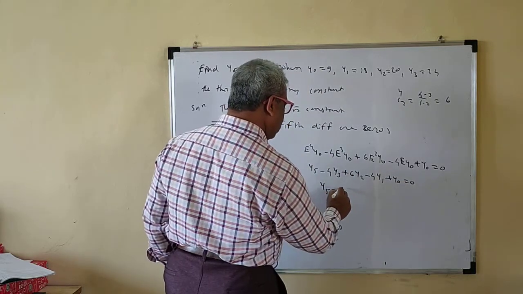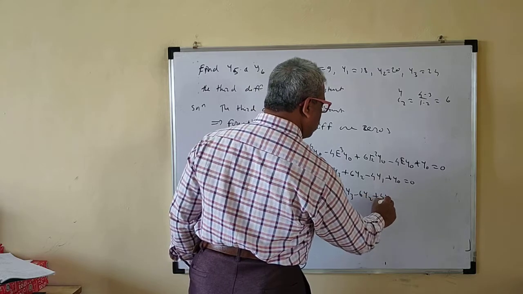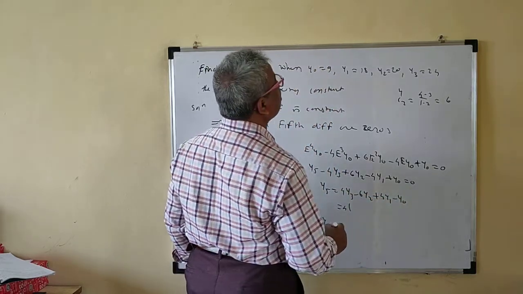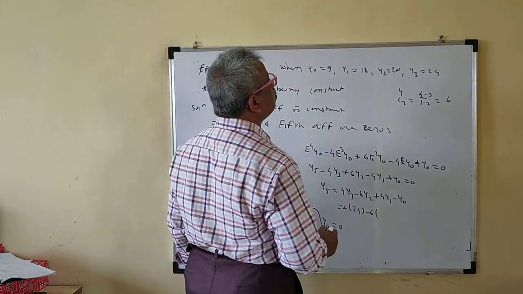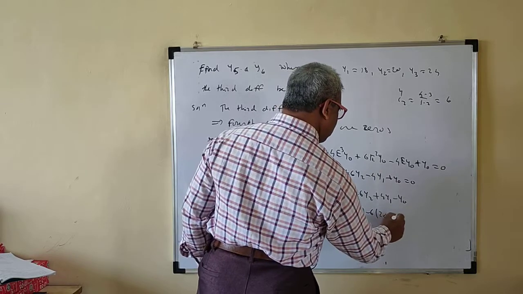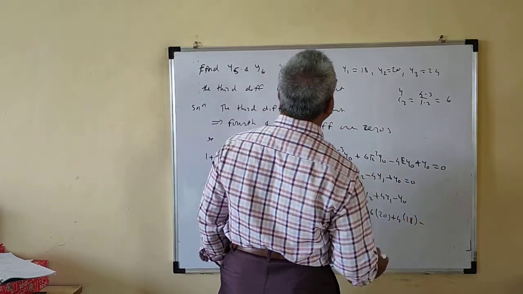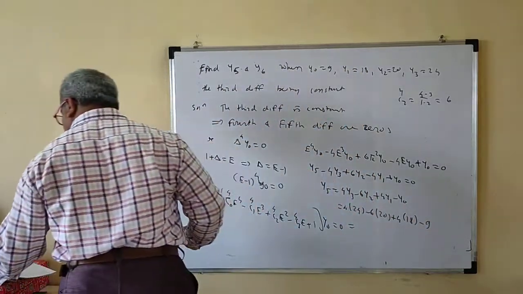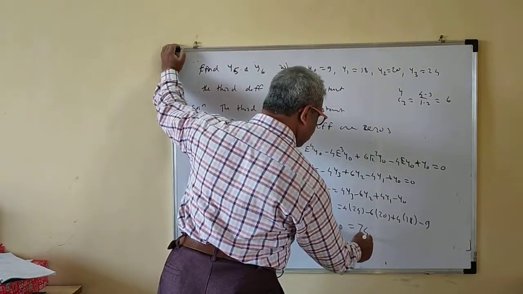So y5 is equal to 4 y3 minus 6 y2 plus 4 y1 minus y0. So 4 into y3, which is 24, minus 6 into y2, which is 20, plus 4 into y1, which is 18, minus y0, which is 9. This will be 74.